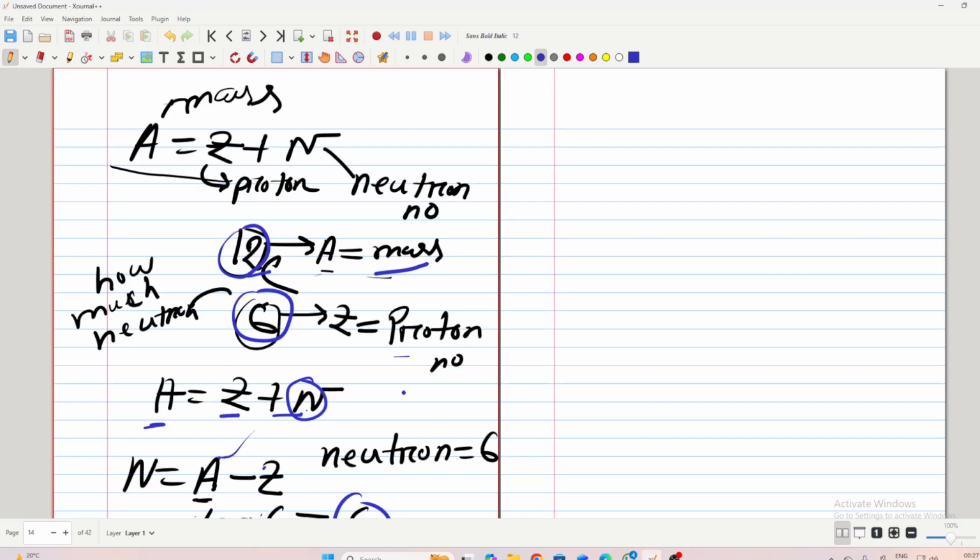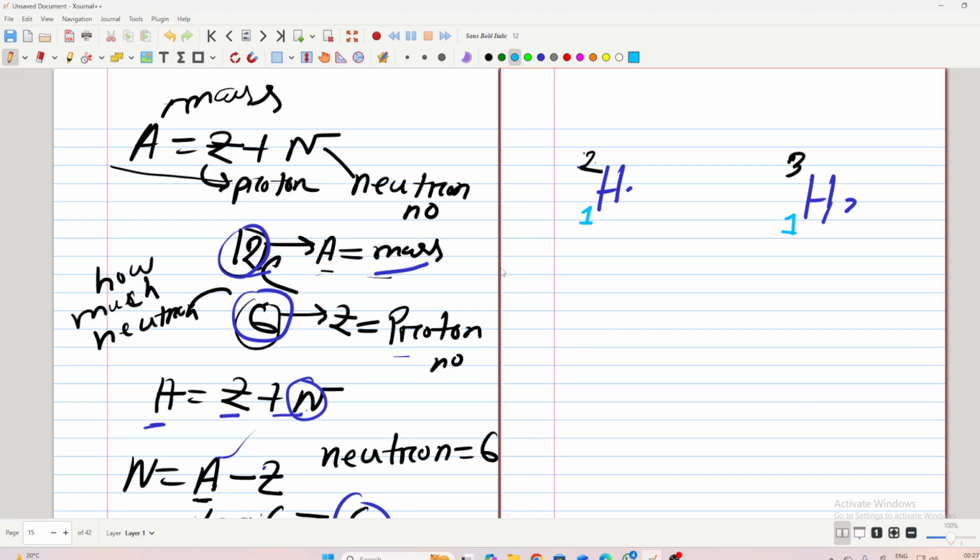Am I clear? Just for example, we can take another atom. Let me take hydrogen. The mass is written on the top. If this hydrogen has mass 2 and this hydrogen has mass 3, clear? This hydrogen's atomic number is 1 and this hydrogen's atomic number is also 1.